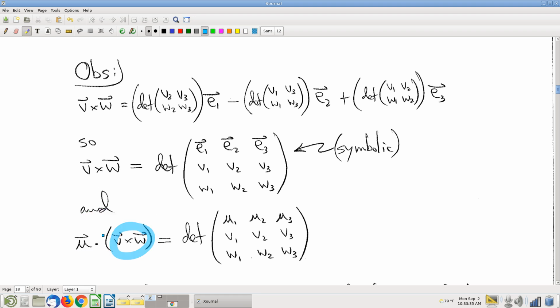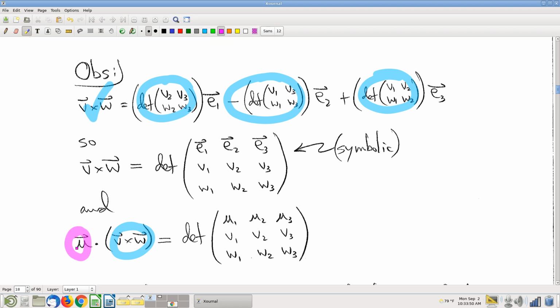Now, the cross product, here it is. The coordinates for the cross product are there and there and there. How do you do a dot product with something? The way you do a dot product with another vector is, let's see here. Well, you multiply the corresponding coordinates. Right?